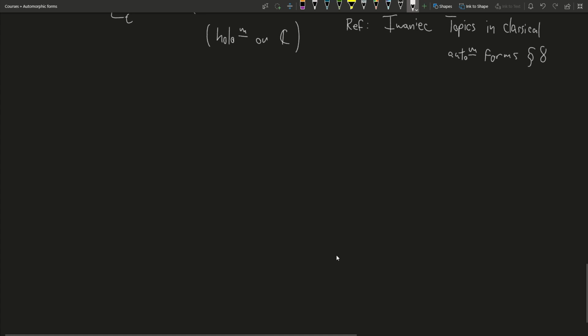So where do the modular forms come in for all of this? Well, there's this really crazy theorem.